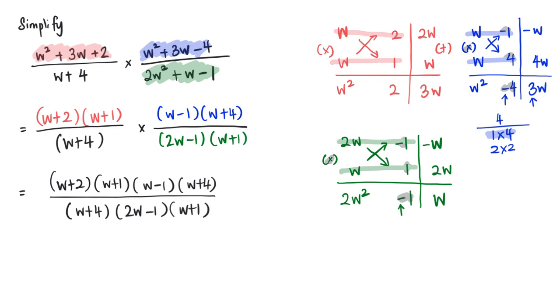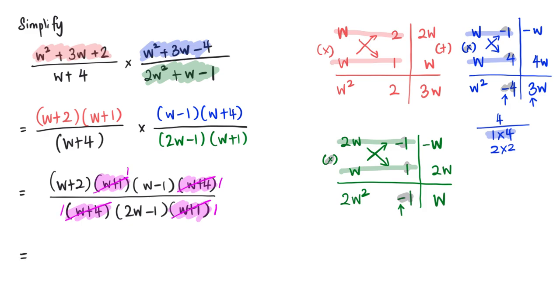And at this time, then I could observe which brackets or the factors are the same. W plus 1, meaning I could divide them off to give me 1 over 1. W plus 4, I could divide them off to give me 1 over 1.